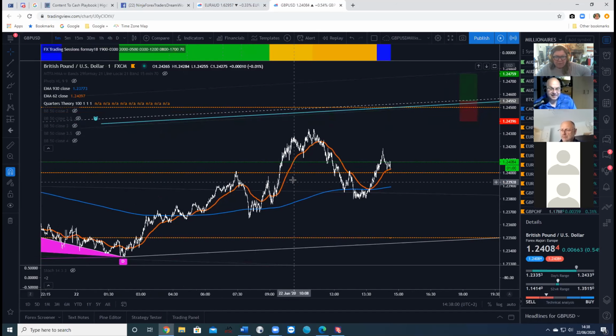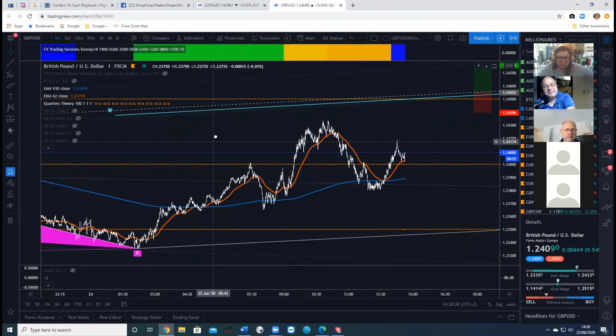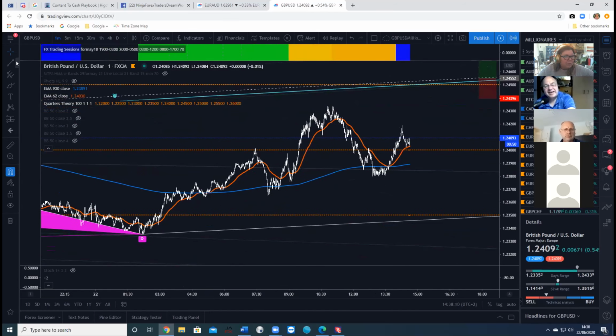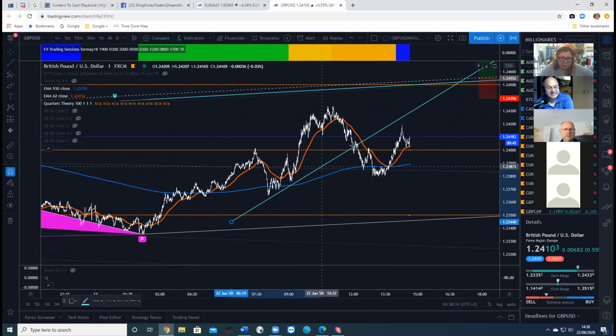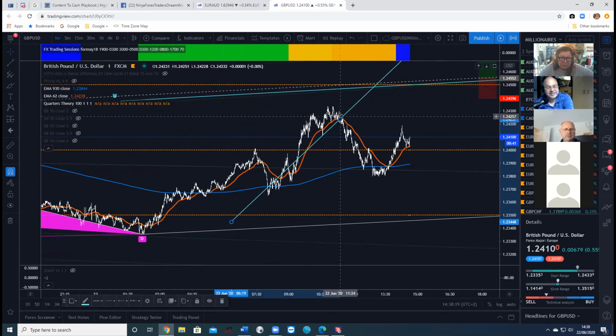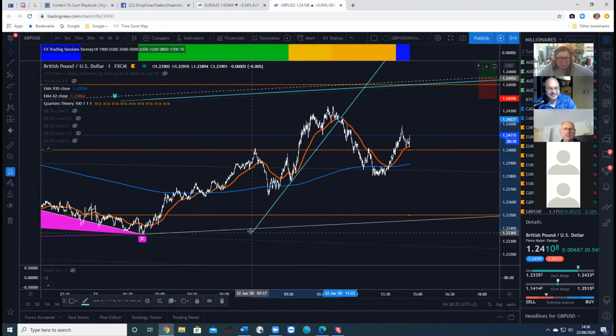I'm not always myself very keen on going in on those quarter theory ones. If you throw the trend from the bottom peak there, where it rejected off the 15-minute EMA, to the peak just below quarter theory on the next high, move your whole thing upwards on an angle at about 20 degrees.